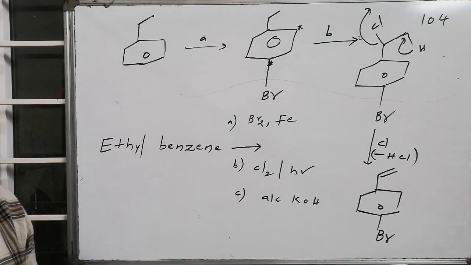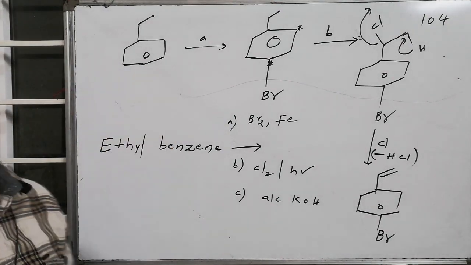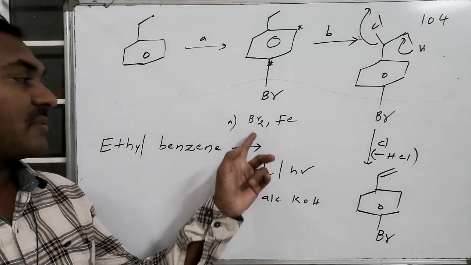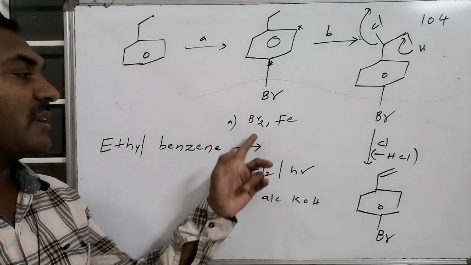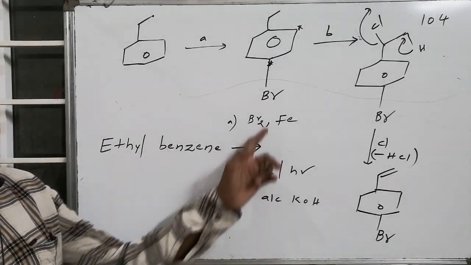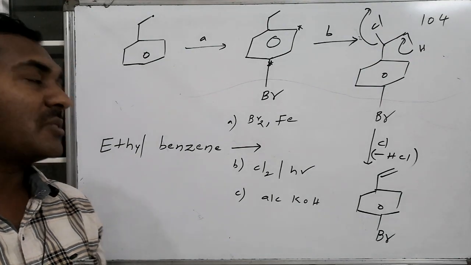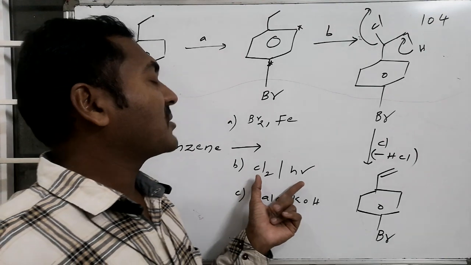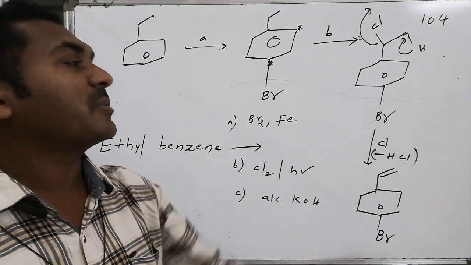Once again, if we go for the set of reactions that we performed over here, this is ethyl benzene. Ethyl benzene is subjected to electrophilic bromination because ferrous is acting as a Lewis acid, and Br plus is generated. So electrophilically Br preferentially, as the major product, substitutes at the para position. Then on reaction with chlorine followed by HNU, chlorine radical substitution occurs at the benzylic position.